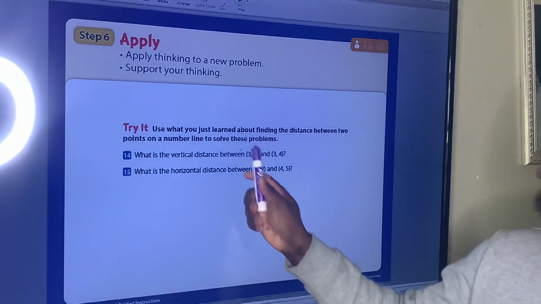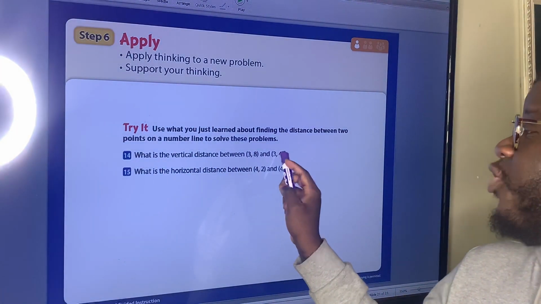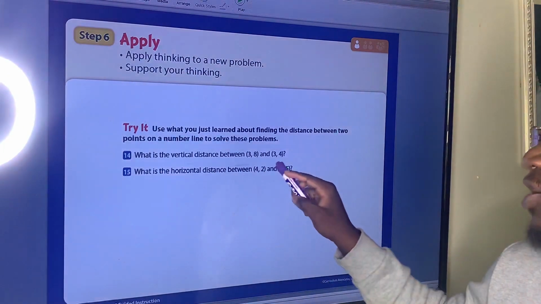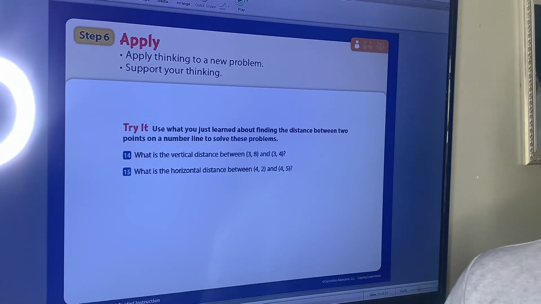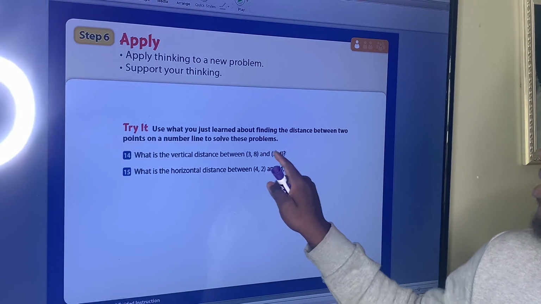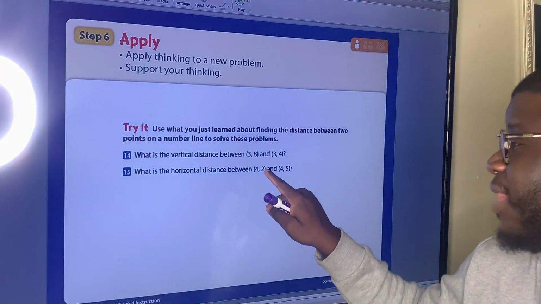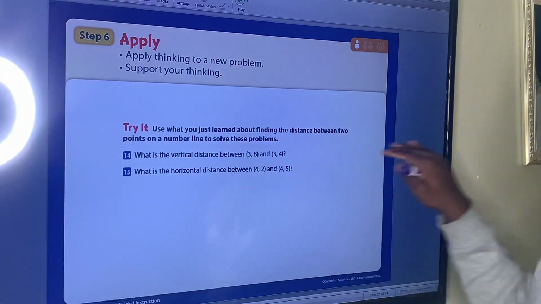So I then ask you to complete these 2 problems by yourselves, all right? These 2 points lie on a vertical line. So now go back to the video and ask yourself, how would you find the distance between these 2 points? Look at these 2 points. These 2 points lie on a horizontal line.